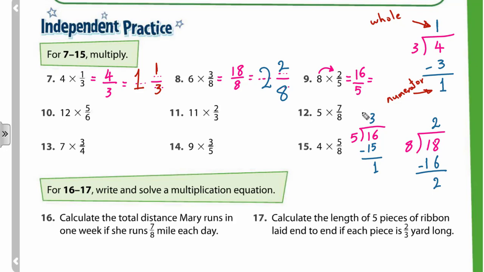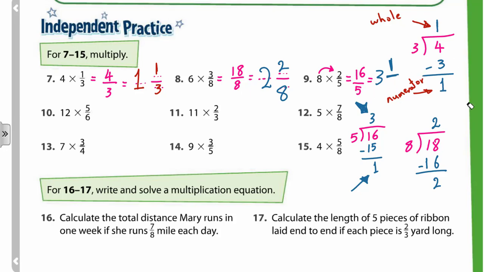Again, the quotient is the whole number, and the whole is 3. And down here, the remainder is the numerator. So the numerator is, on the top, the remainder, my hero. 1.